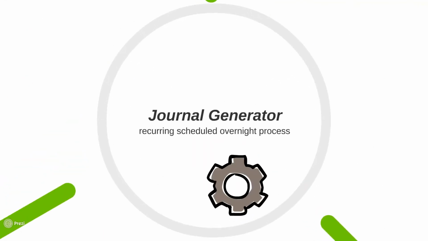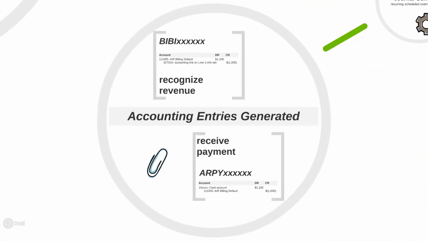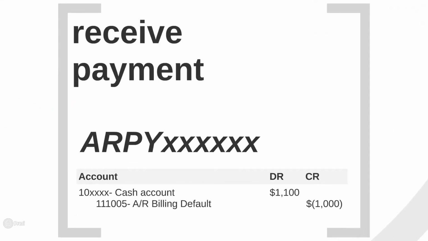So the journal is created overnight and we get what is called the ARPY journal. And this is when we receive payment against an invoice that has been created in PeopleSoft. It debits cash and it credits our accounts receivable.